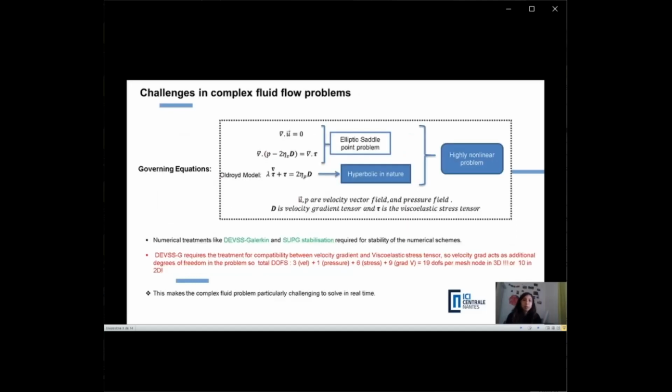Since we are dealing with complex fluids, there are challenges involved and we need to address them. For example, the governing equations form an elliptic saddle point problem and the constitutive equation is hyperbolic in nature. Combining both, they are highly nonlinear.